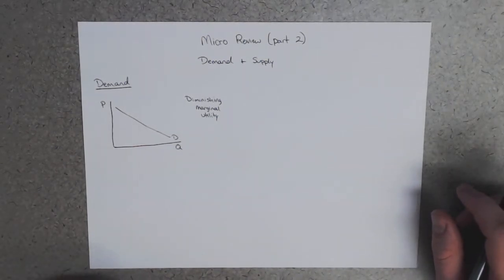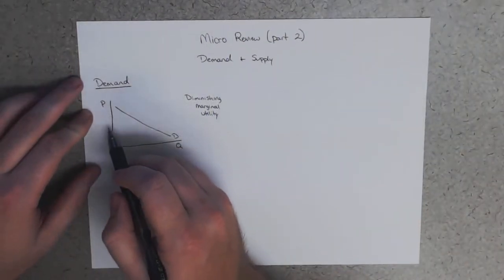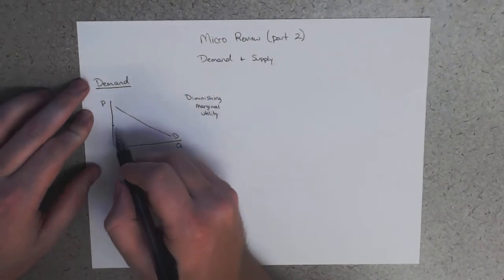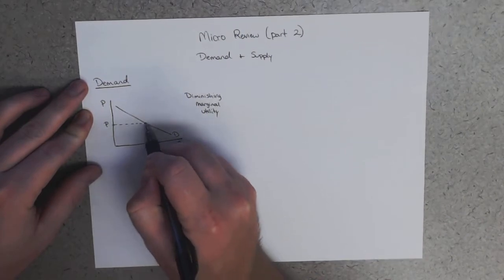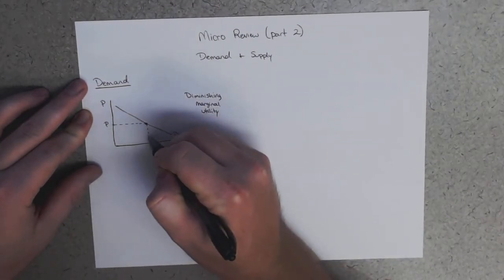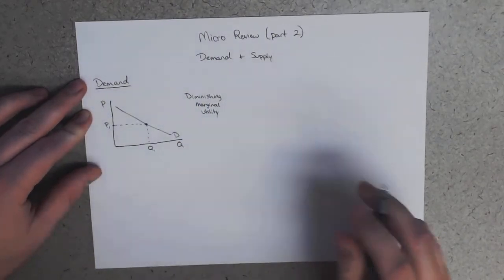It probably reflects exactly what all of us do in our everyday lives. When things are on sale, for example, if the price is here, at this price we come over here and we can find exactly how many things we will buy.